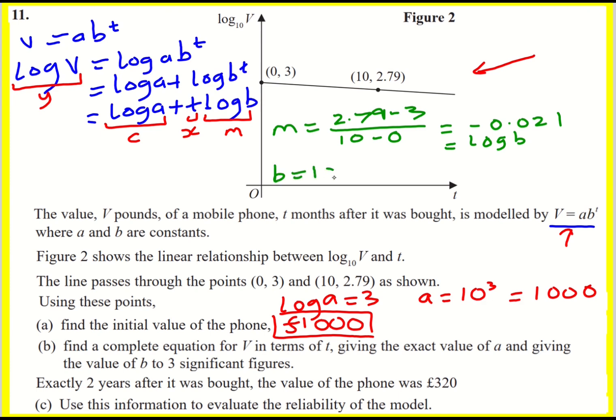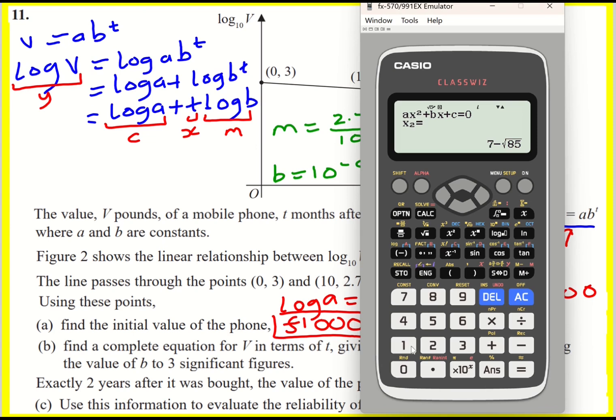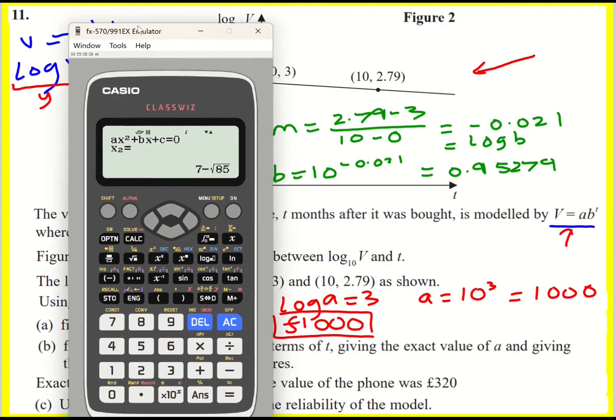So then b is 10 to the power of minus 0.021, which ends up being, put that on your calculator, 0.95279. I always write it to a few more figures than needed. I'll just put it in actually, because we'll be using it in a calculation in a minute.